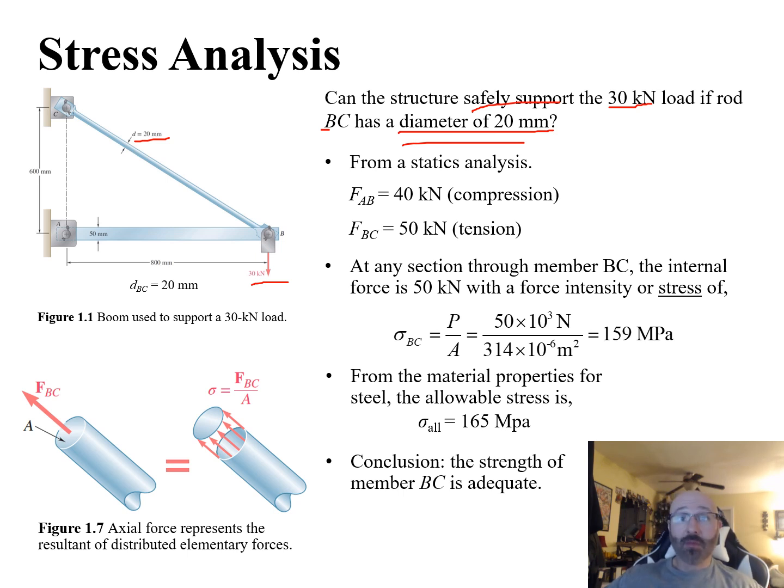From the previous slide, with our calculations from the static analysis, we were able to calculate our compressive force F sub AB and our tension force F sub BC of 40 kilonewtons and 50 kilonewtons respectively.